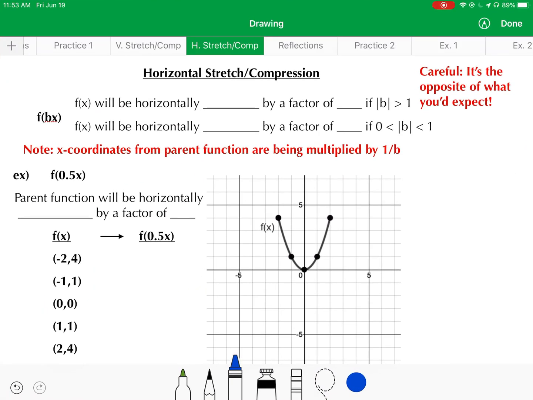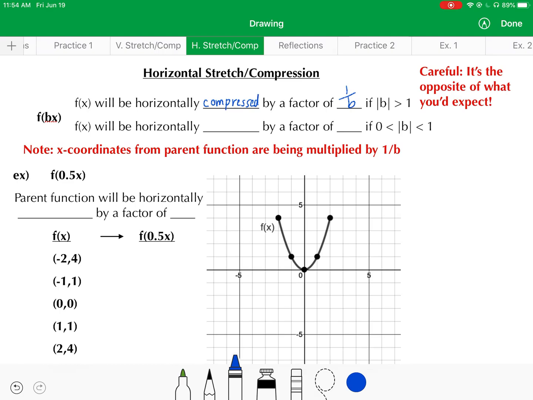All right. So in the case of f of b of x, where b is greater than 1, its absolute value is greater than 1. We've seen that you're going to have a horizontal effect. It's actually going to be a horizontal compression. So f of x will be horizontally compressed by a factor of 1 over b.